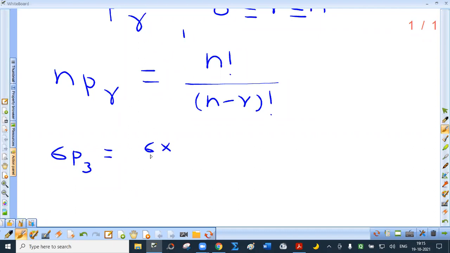So that thing can be arranged in 6 ways. Now second thing cannot be arranged in 6 ways because one place is already occupied. So second can be arranged in how many ways? 5 ways. And third can be arranged in how many ways? 4 ways. See, there are 6 objects.